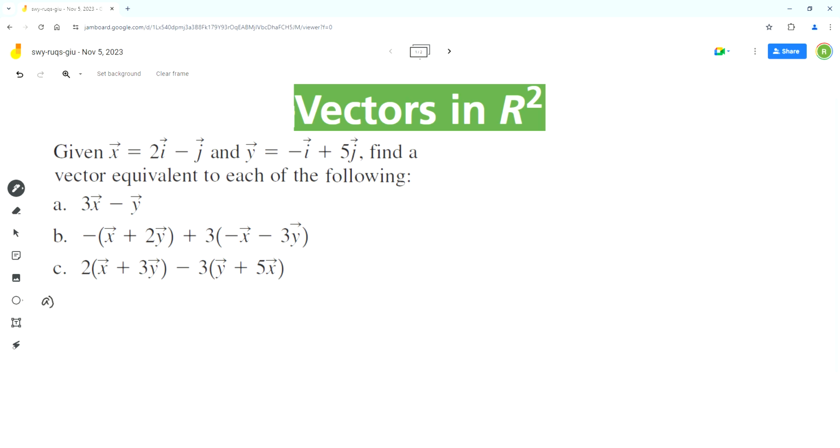Now in this problem, we are given vectors x and y in the form of unit vectors. So in part A, we'll sub in x as 2i minus j and y as negative i plus 5j and simplify the expression.